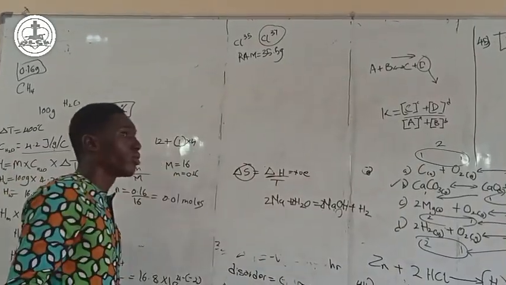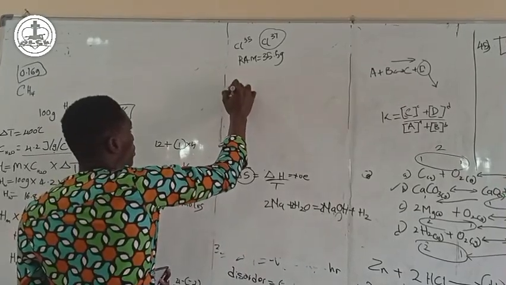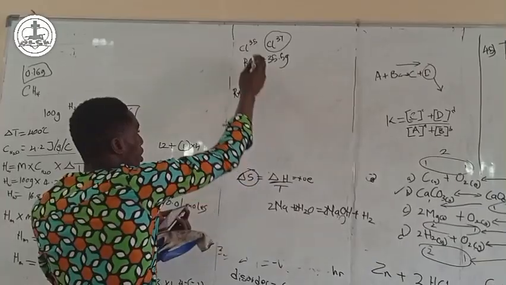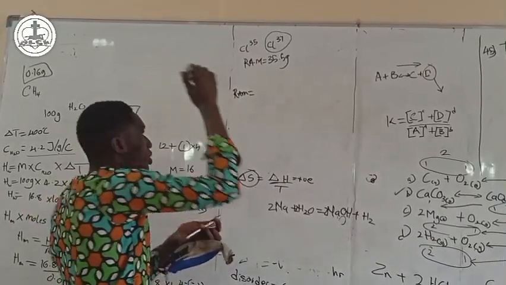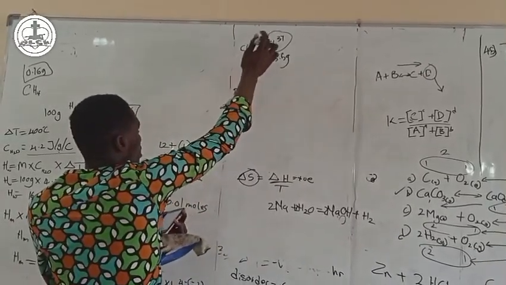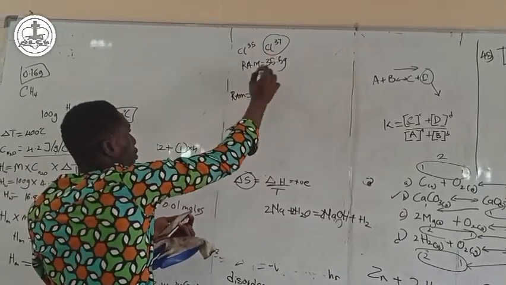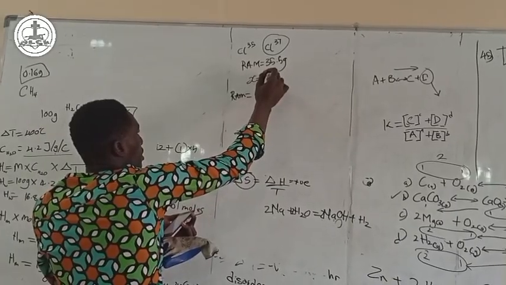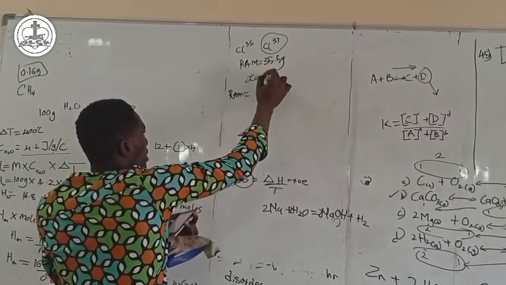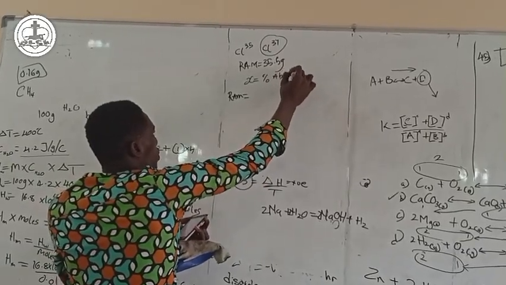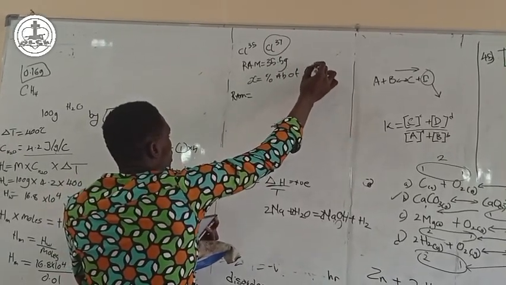Okay, so we know that RAM is equal to, let x be the percentage abundance of chlorine 35.